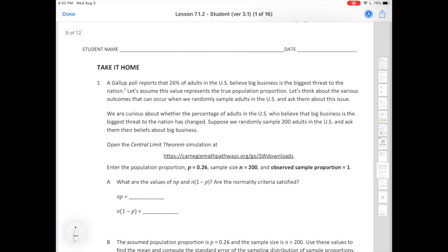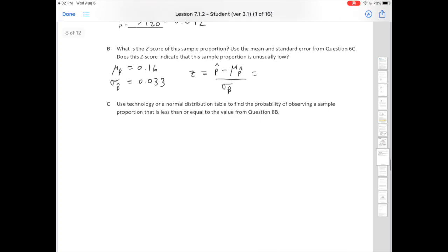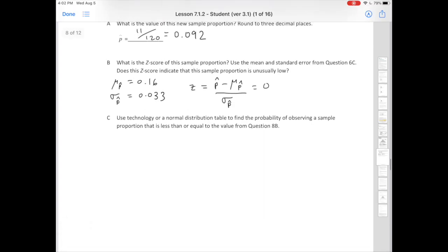Our p hat is 0.092, and we're going to subtract 0.16, and then divide it by 0.033.